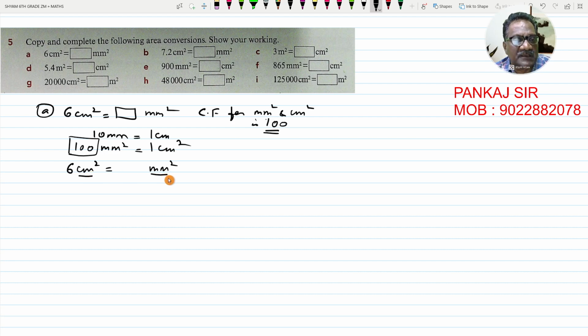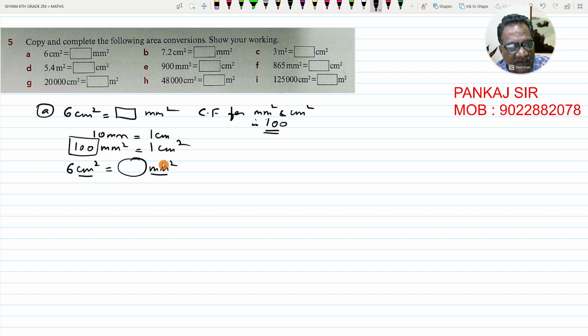So, the numerical value is always the other way. A bigger unit will have a smaller numerical value in front of it, and the smaller unit will have a bigger numerical value. So here, whatever numerical value comes will be bigger than 6.